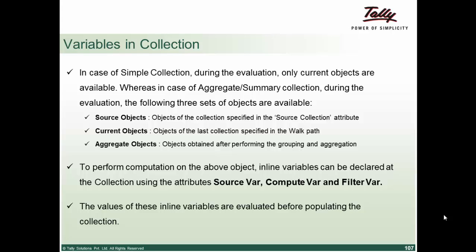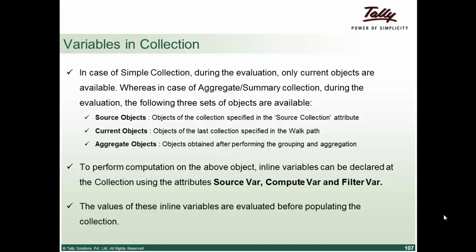When we talk about a summary collection, there are three sets of objects: a source object, a current object, and an aggregate object. There may be some computations you want at the source object, or at the current object, or at the aggregate object. It is not possible to perform any kind of computation this way.